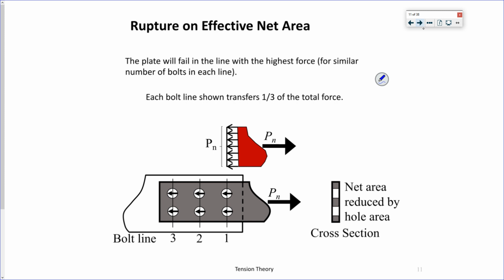If I'm going from where I'm applying my load, P over N, I'm going to remind myself: coming to this first bolt line right here, I've got a force of Pn. That's the tensile force being applied to the member.